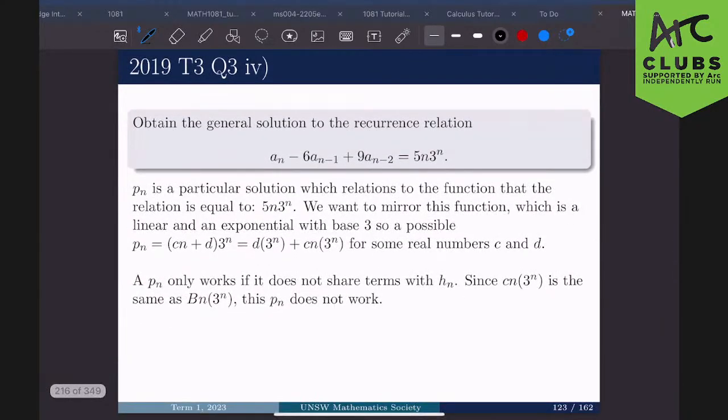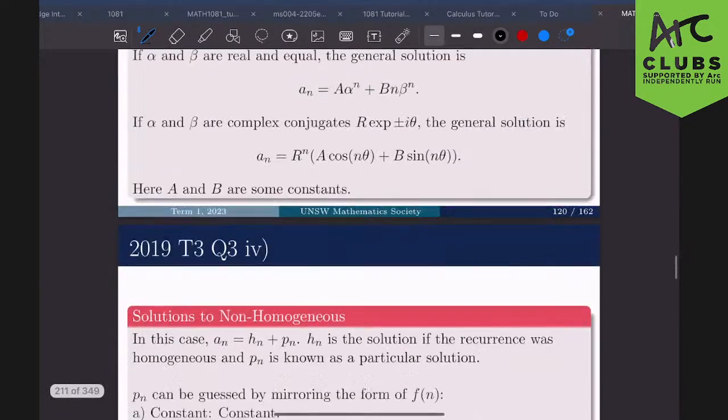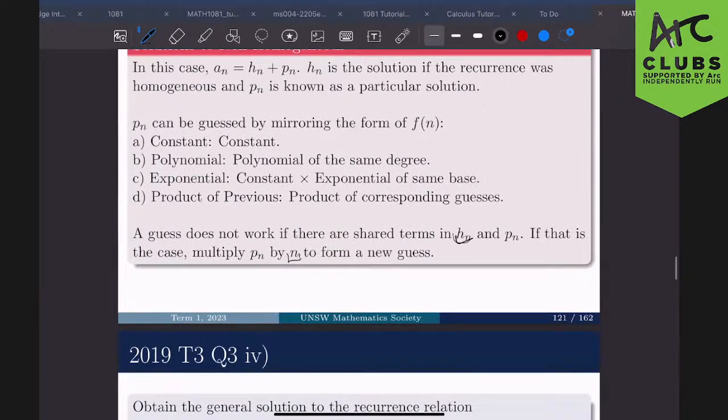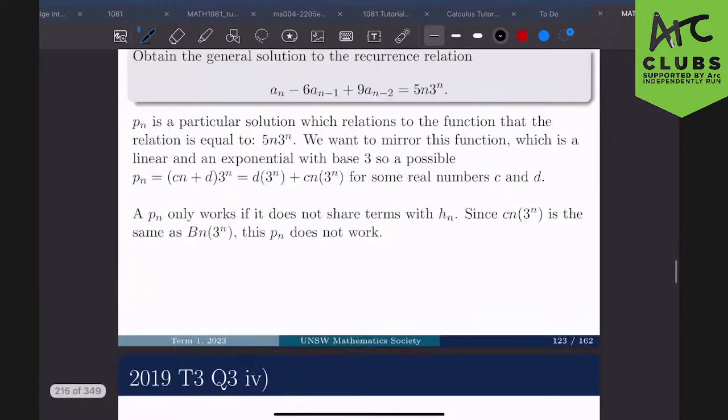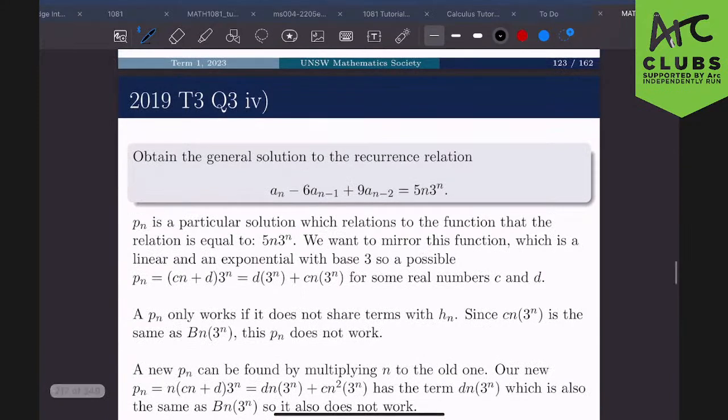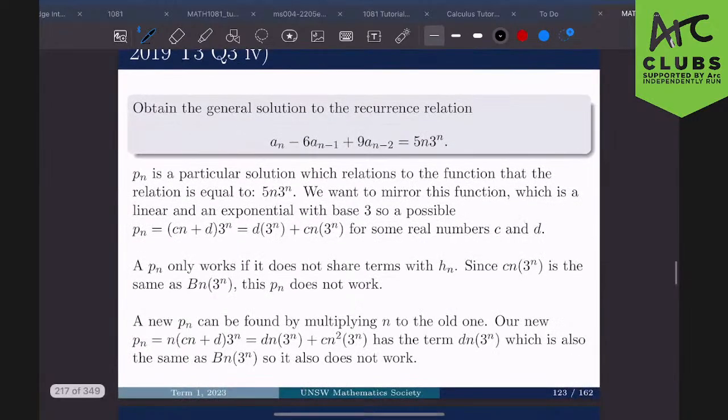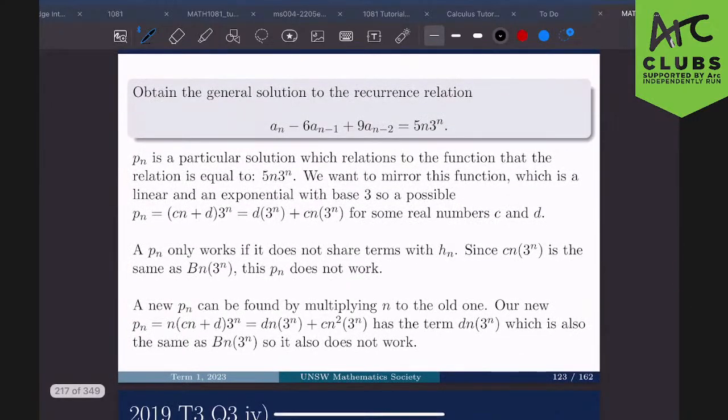And now we have to choose our particular solution, right? Remember that before, if we have shared terms with h_n and p_n in the particular solution, then we have to multiply again by n until eventually we don't share any terms. Initially we try something simple. Well, we see that obviously it shares both terms with the general solution, so it does not work.